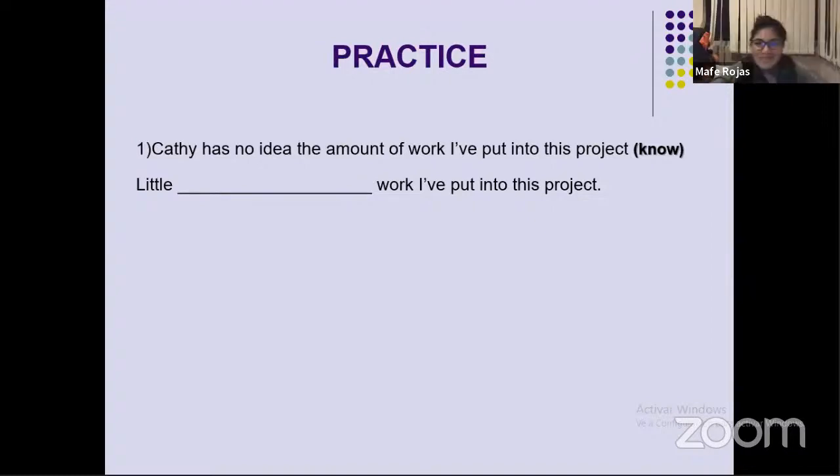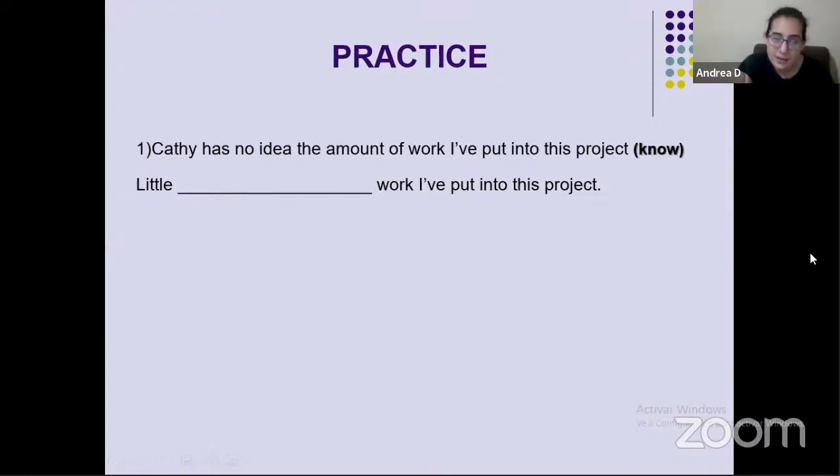It's like adverb, auxiliary. The auxiliary is has. Has she know?